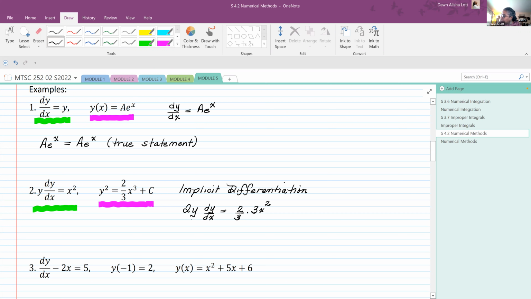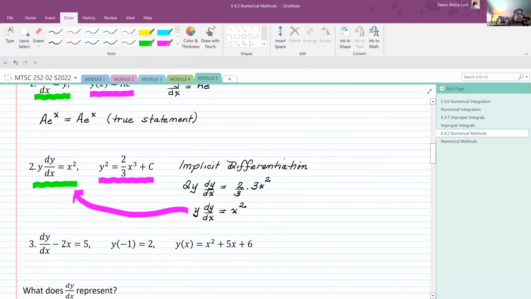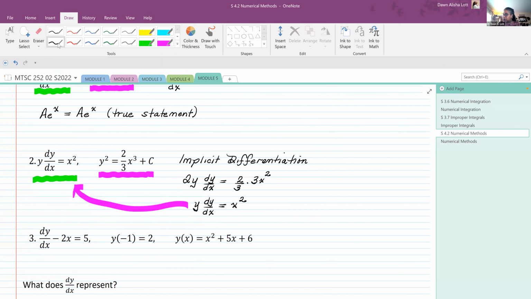And so therefore now I get y dy/dx is equal to x squared. And that is the same thing. So yes, again, that is the solution to the differential equation.